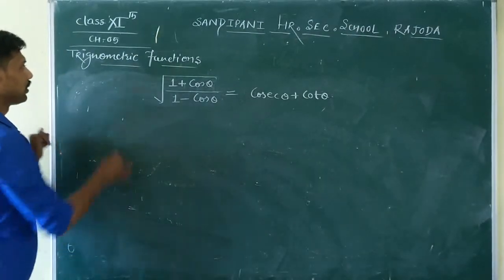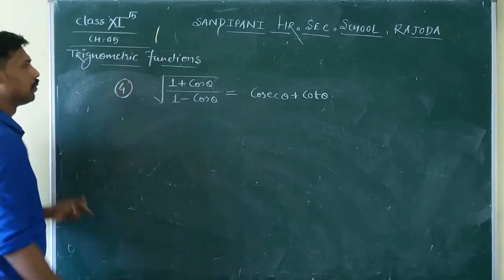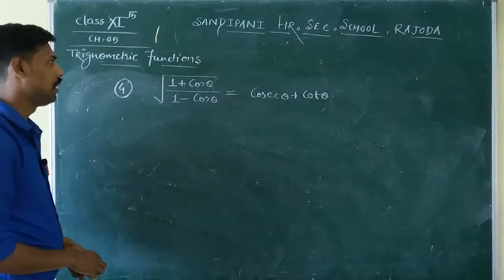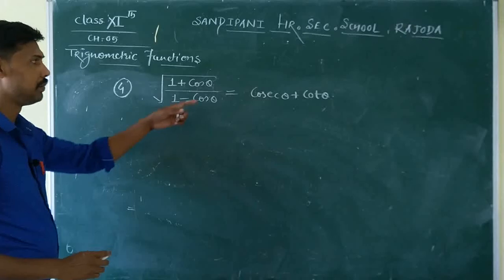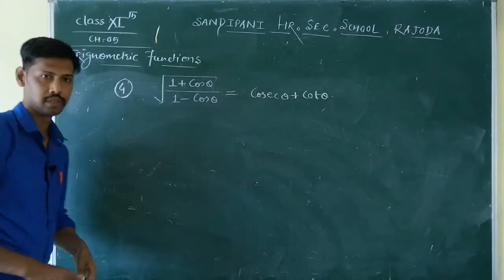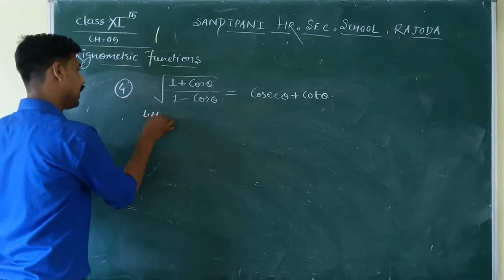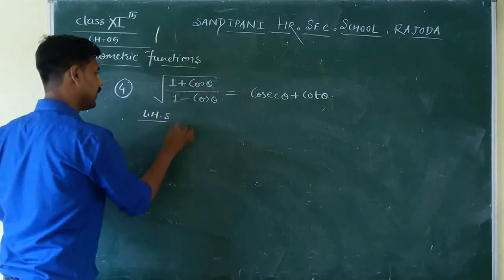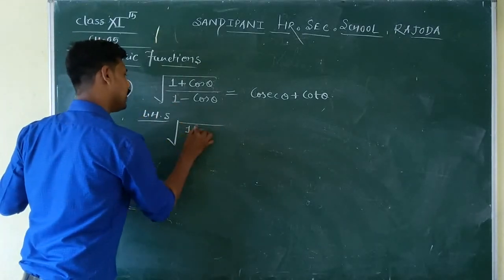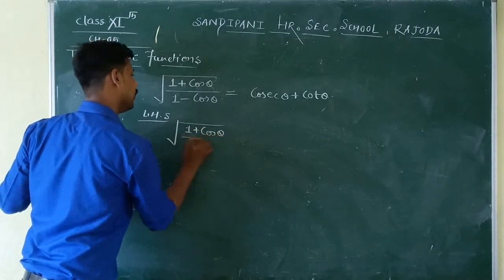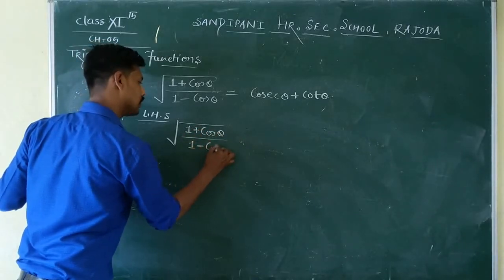Student, question number 4th, what is the demand of the question? Again, prove that under the root 1 plus cos theta by 1 minus cos theta will be equal to cosec theta plus cot theta. In the case of root, we have to take ROD. Firstly we are taking 1 plus cos theta and 1 minus cos theta.